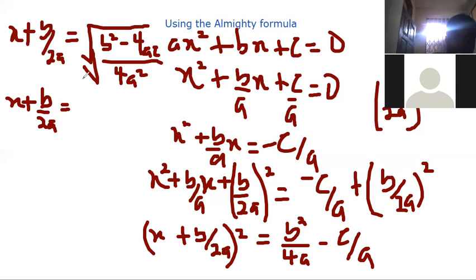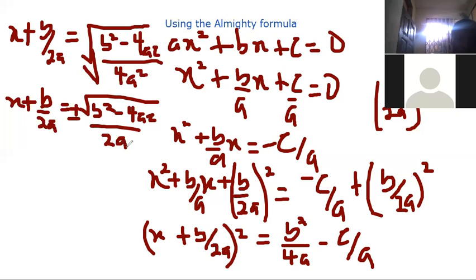I hope you agree with that. So we are going to get plus or minus the root of b squared minus 4ac all over 2a. That's what we are going to get.